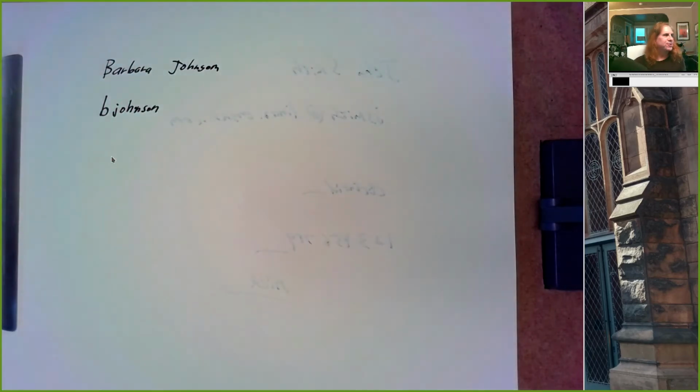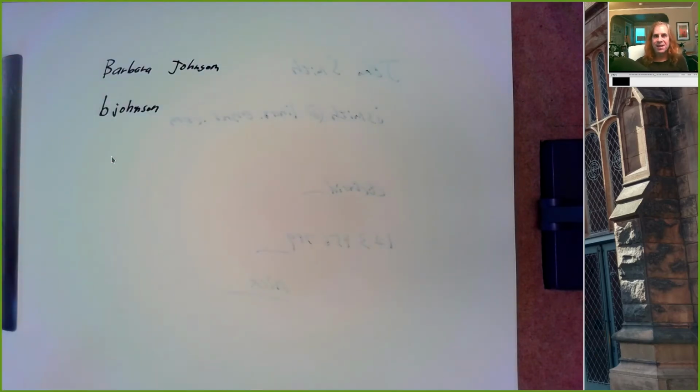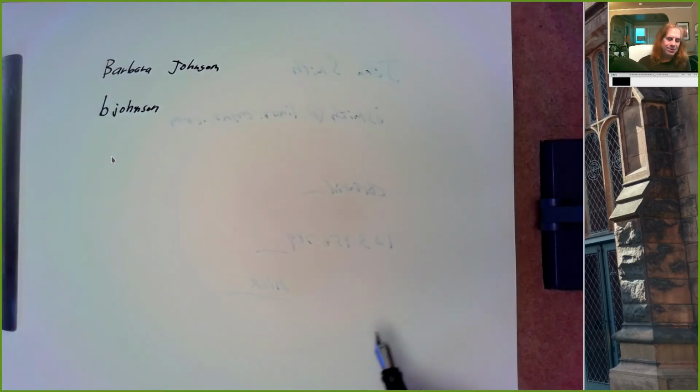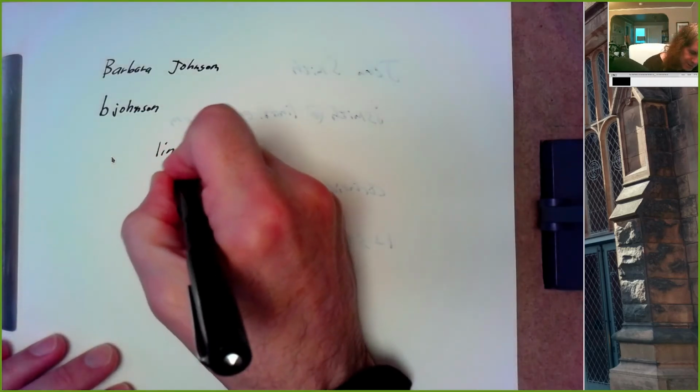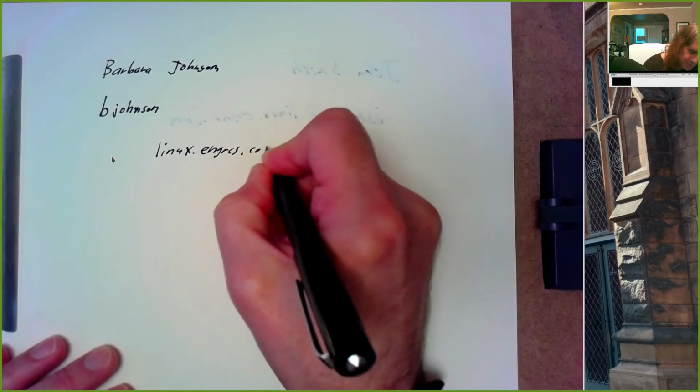Okay, no period in between, no number at the end. It's not your CTC ID. It's just first initial followed by last name as it appears in Canvas, unless you've asked me to use a different name. If your last name is hyphenated, it would be bjohnson-dash-whatever, right? But first initial and then the last name as it appears in Canvas. And the server is linux.engrcs.com.